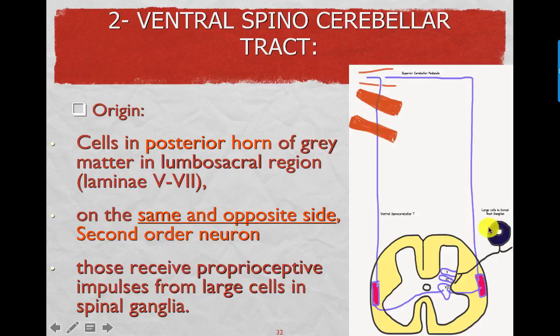Here, the first order neuron, as usual, is the larger cells in the posterior root ganglia, but in this case they give some impulses to laminae 5, 6, and 7 in the gray matter.